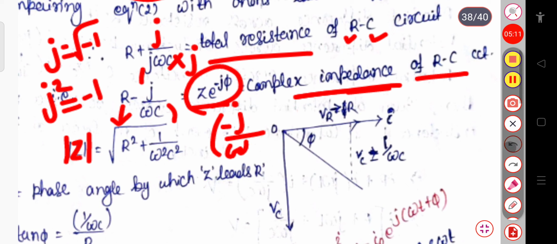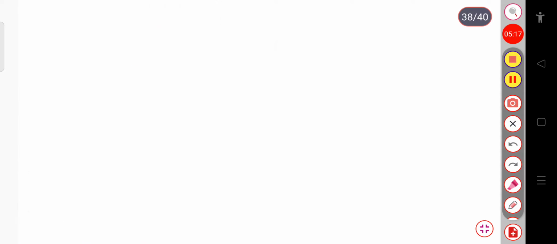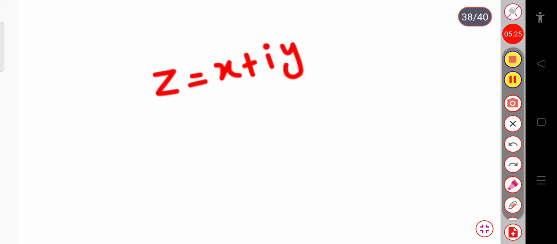Let me tell you, in the case of a complex number, suppose z is a complex number, we can represent this as x plus jy, and the complex conjugate of this complex number we can write as x minus jy.